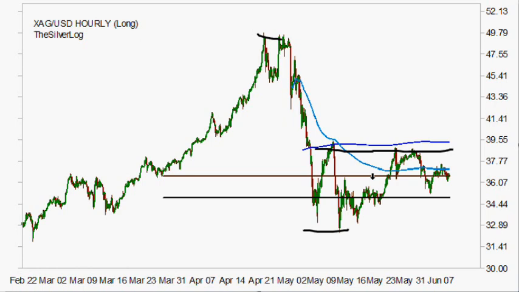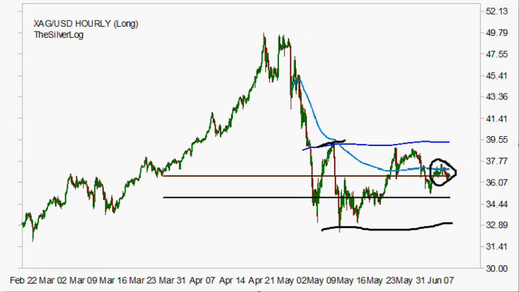I've removed that line because for now it's important to see how it reacts within this very boring consolidation. Right now, it is still above this level, which is very important.